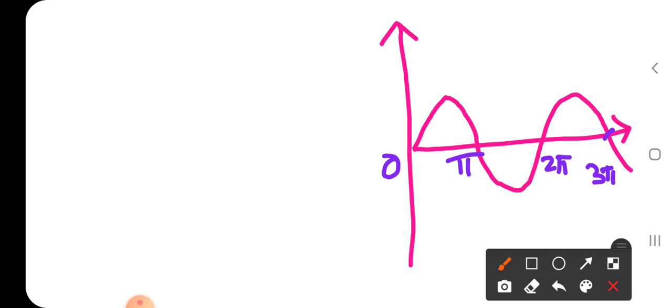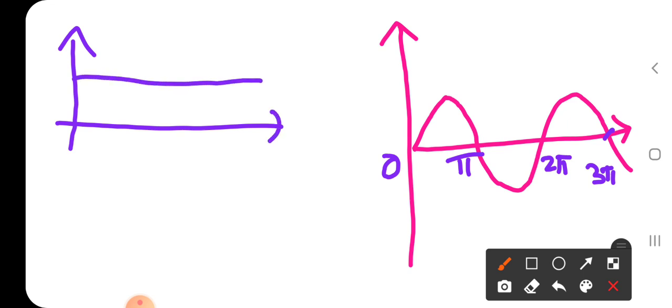Suppose, for example, first a constant magnitude wave, it is considered as a constant magnitude quantity. For such a quantity, the time period is infinity. And what about a unidirectional wave?